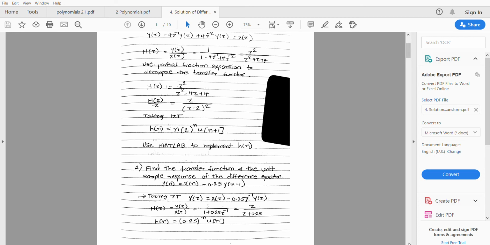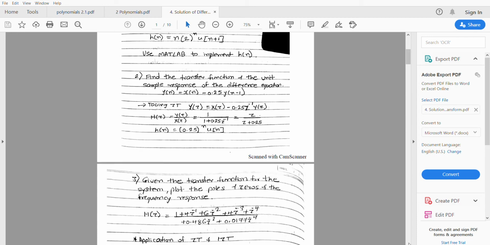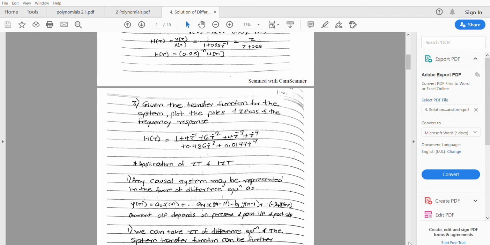Now the next question is to find the transfer function and the unit sample response of the given equation. Again, we convert the given discrete signal into the Z domain, and find the Z transform transfer function H of z. Then h of n is the inverse Z transform of this, that is 0.25 raised to n into u of n. Next, a numeric is given with a transfer function.